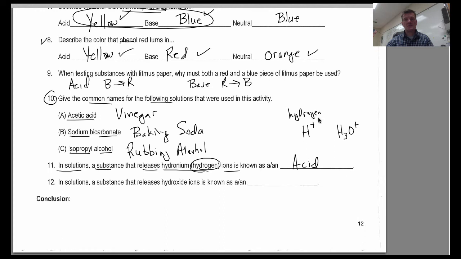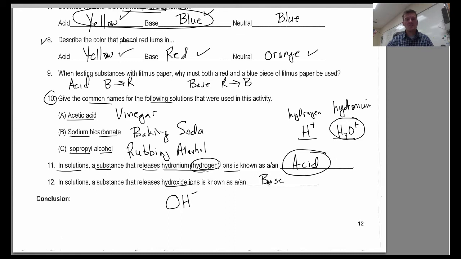If those hydrogen ions join with water to make hydronium, this is hydronium here. We'll talk about that in class. So if the H plus or the hydronium ions are prevalent in the solution, you're going to have an acid. If you get hydroxide, OH negative ions, that's going to be a base. Okay?